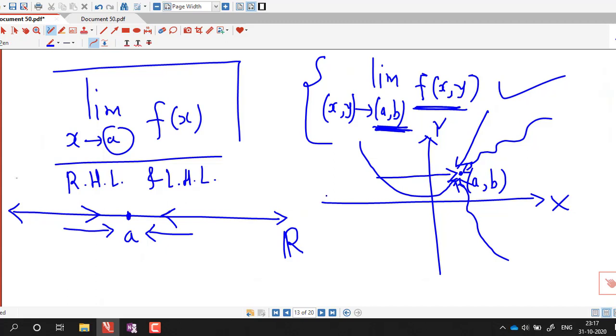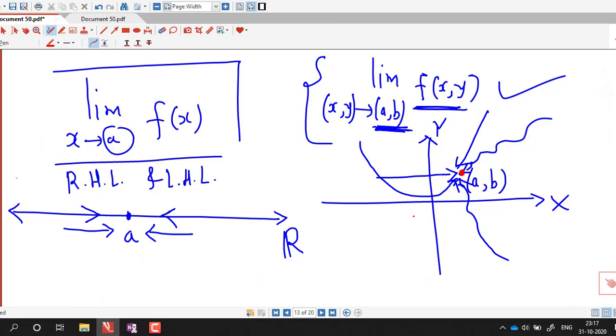Now if we want to show that the limit does not exist, then it is easy. Why? Because if the limit exists, then the limit must be the same along all possible paths approaching this fixed point (a, b). But to show that the limit does not exist, we have to find at least two paths approaching this fixed point (a, b), such that the limit is different along those two paths.